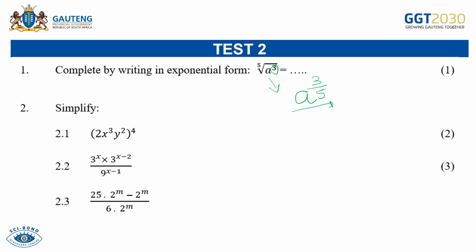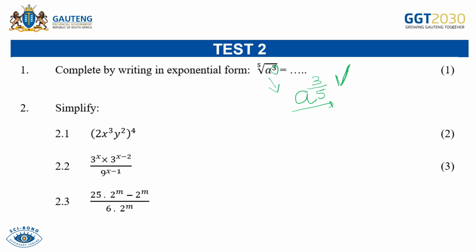Okay, looking at number 1, like I indicated, there you need to change your root sign to the rational exponent, and I indicated that you will have base a with the exponent of 3 over 5, and that's how you get your first mark there, correct?